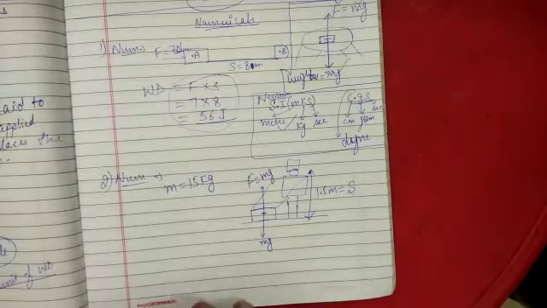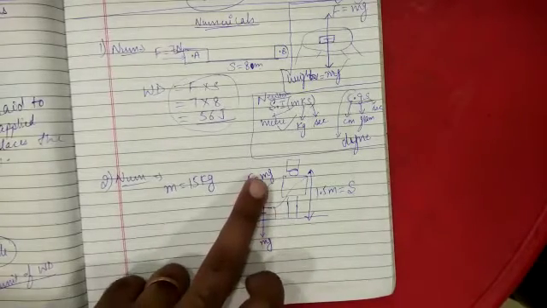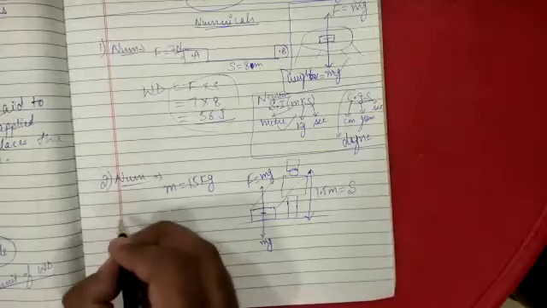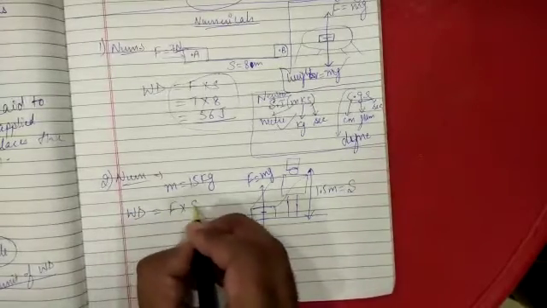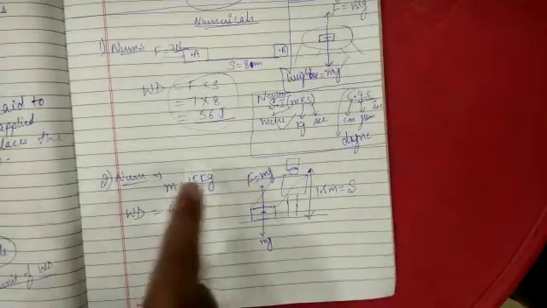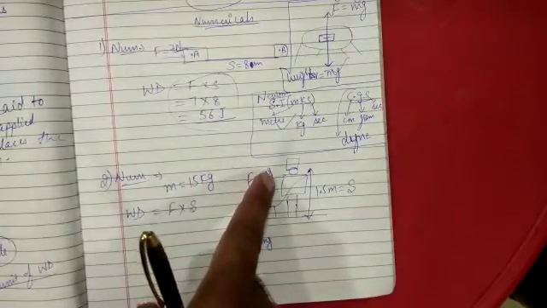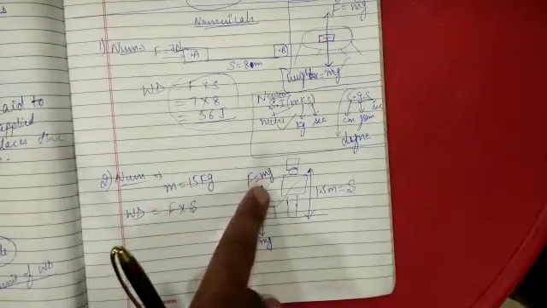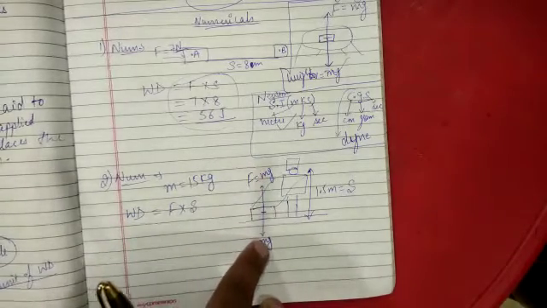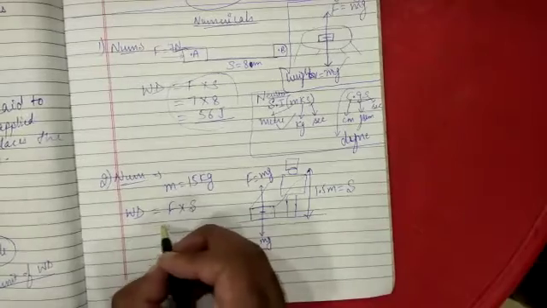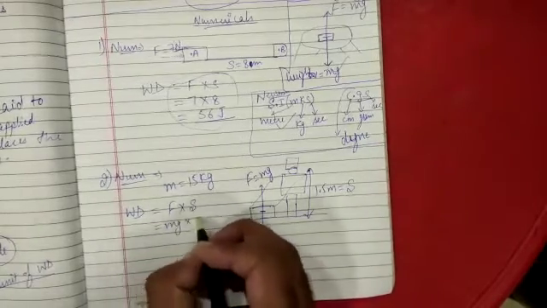Now they are asking you to find the work done. Very simple: work done is equal to force into displacement. Force is mg. As I told you, to pick anything up you have to apply a force equal to the weight, so force is mg into s.